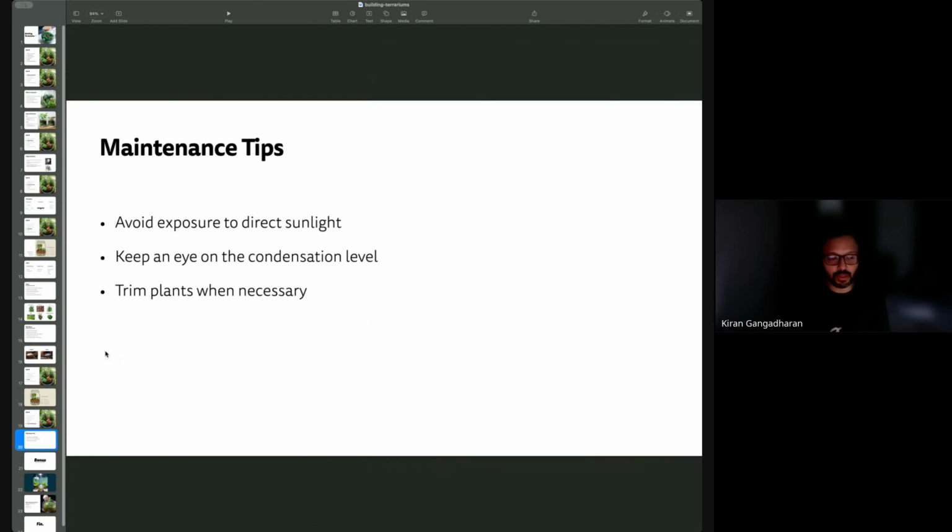The second thing, you ideally want to keep an eye on the condensation level, and this is especially important in the first few weeks because you're starting a new ecosystem, so there's bound to be some instability. So you need to keep a closer eye for at least the first 3, 4 weeks.